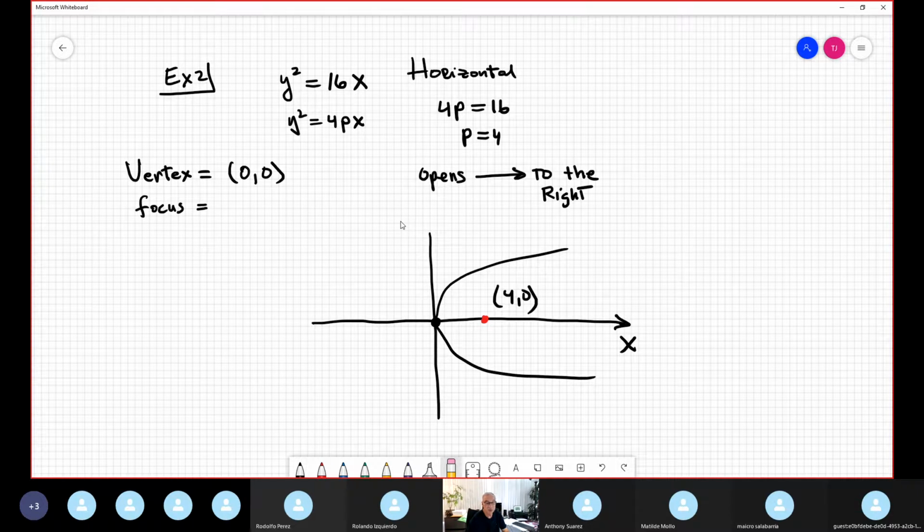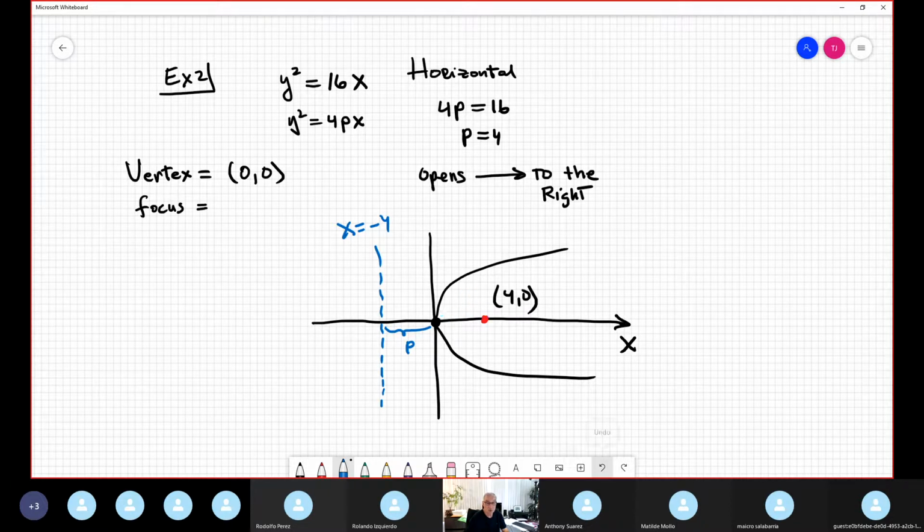Because that distance is P. And directrix is a line, the same distance, but in this case a vertical line, x equals -4. Because the distance is the same. That distance is P. That distance is P. When you're talking about distance, it's positive, absolute value. So you move to the left, it's negative, no? You move to the right, it's positive.